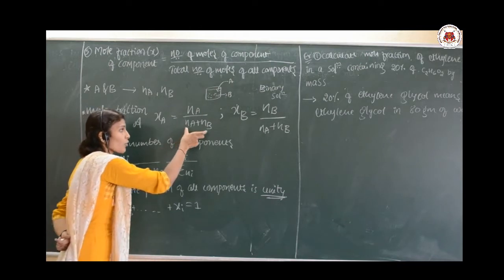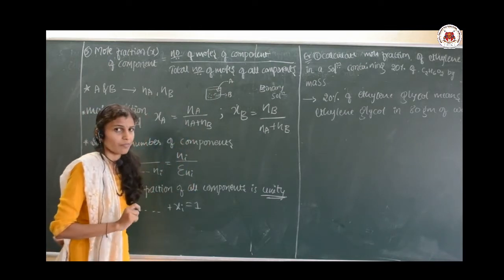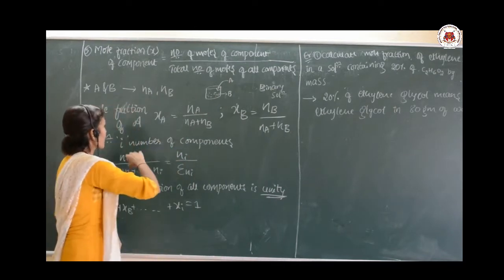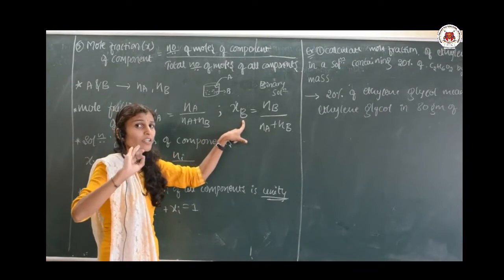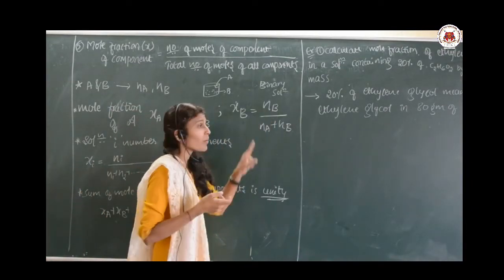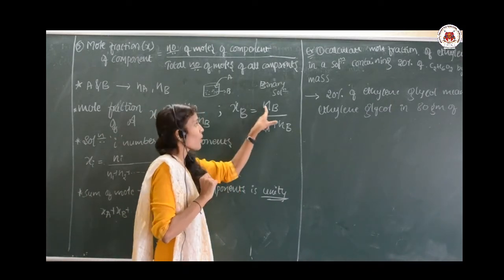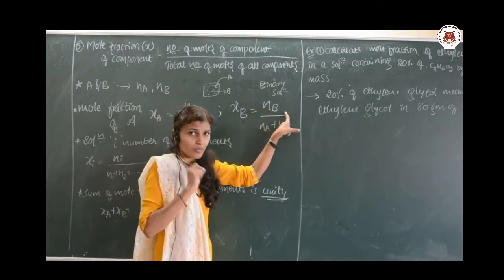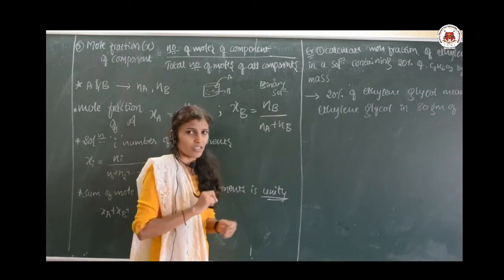Then the denominator term will be Na plus Nb. And similarly, if I calculate the mole fraction for component B, what will it be? Nb. Why is it Nb? Because I am calculating the mole fraction of the B component. So the number of moles of component B, Nb, divided by Na plus Nb.